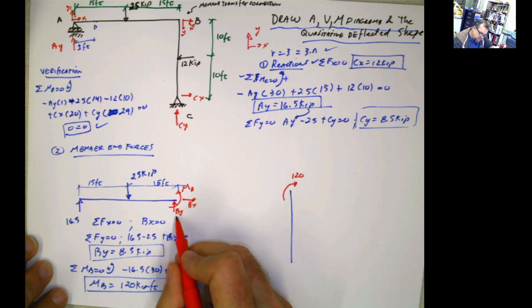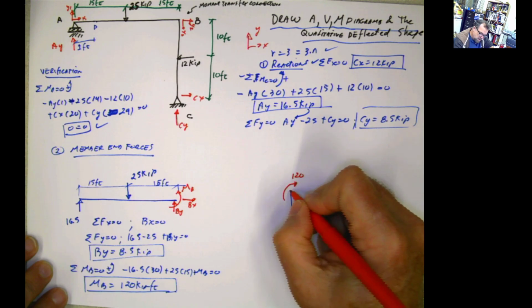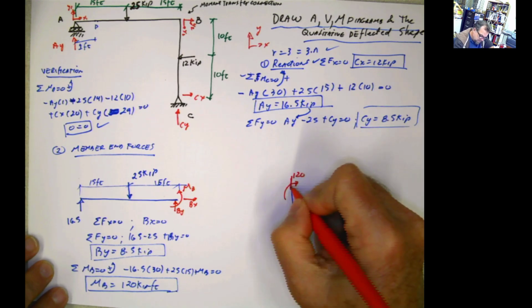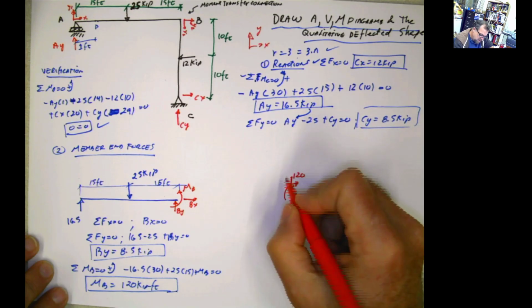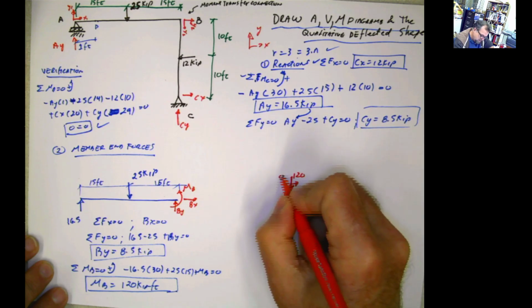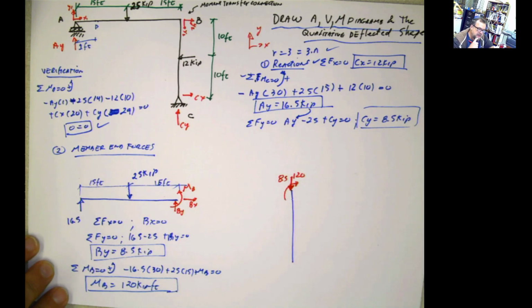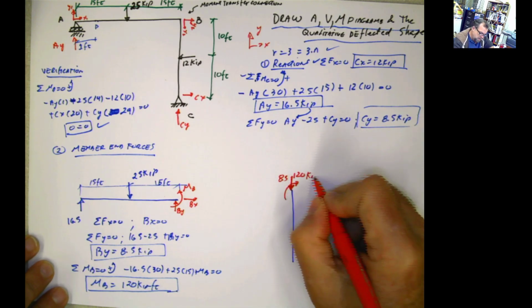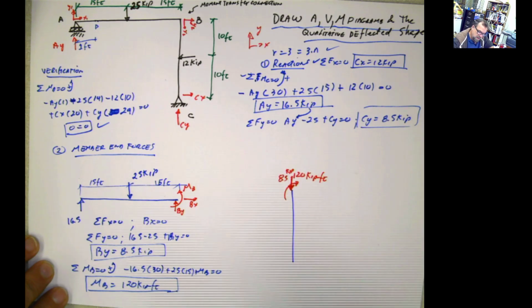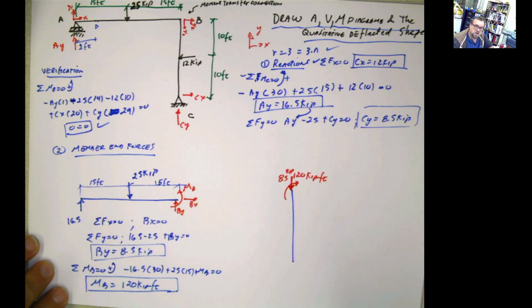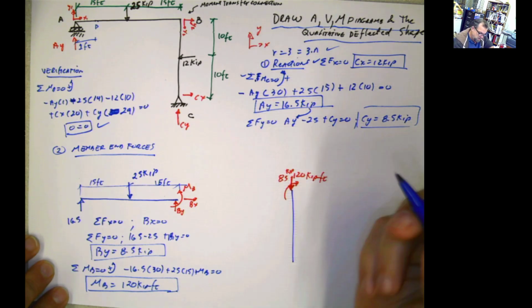And if this By is acting in that way, that means that here you're going to have By acting in this direction, which is 8.5. Now, we can be a little bit more thorough when we do that. But for this case, it's not necessary, but I want you to start getting familiarized with this.